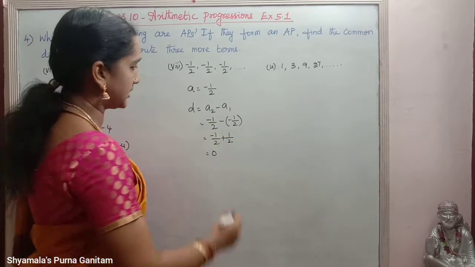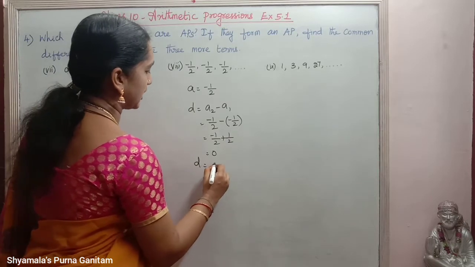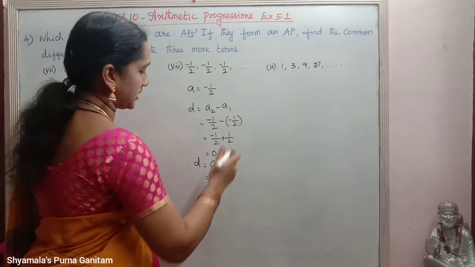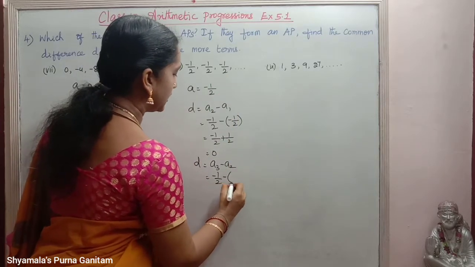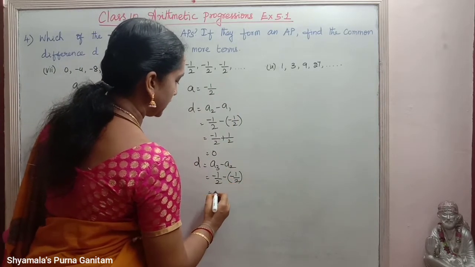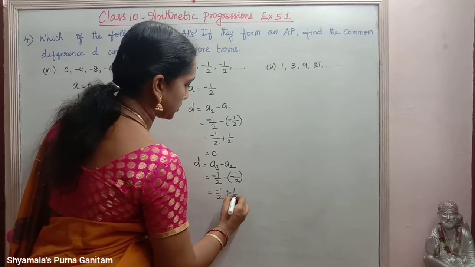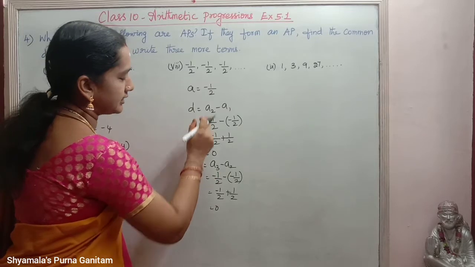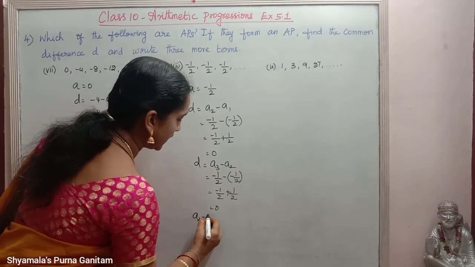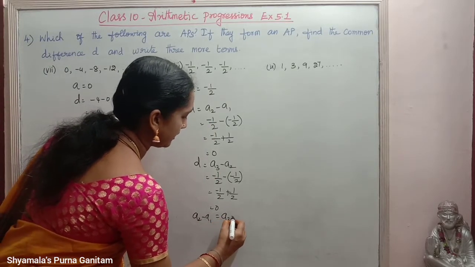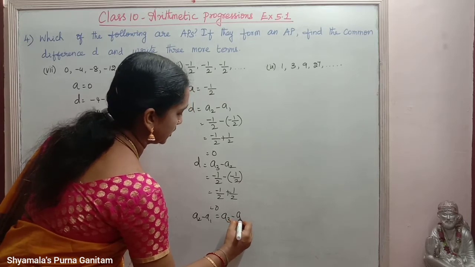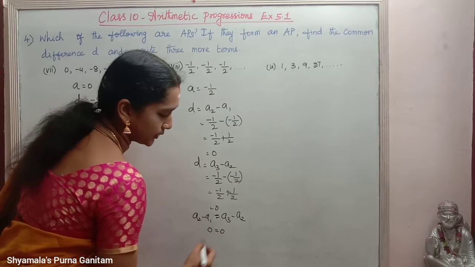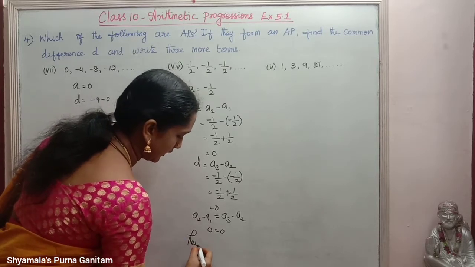For the next difference, A3 minus A2, all the terms are the same, so -1/2 minus -1/2 is -1/2 plus 1/2, which is 0. So A2 minus A1 is equal to A3 minus A2, 0 is equal to 0. So they are in AP.